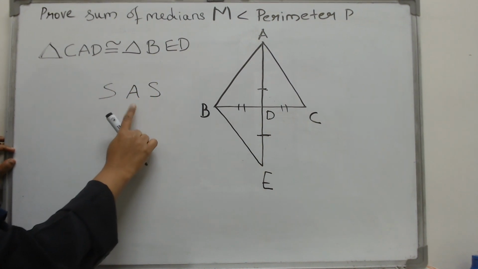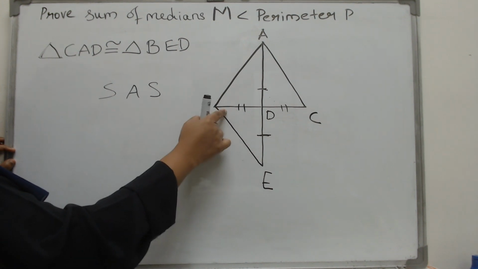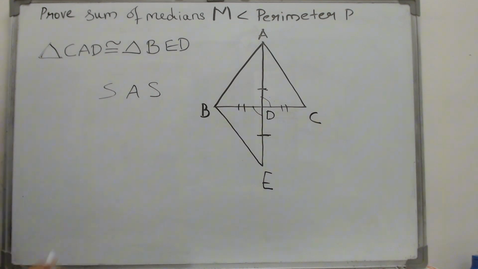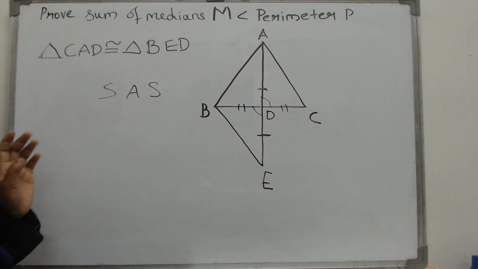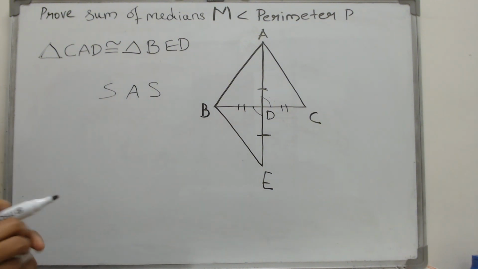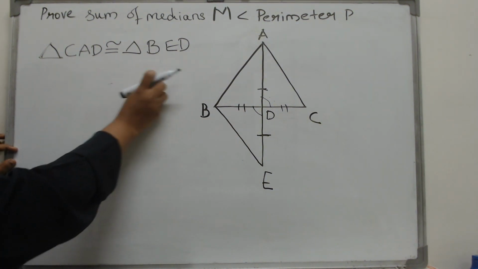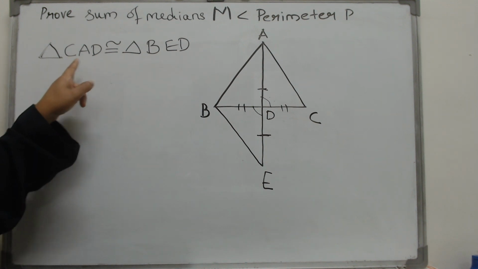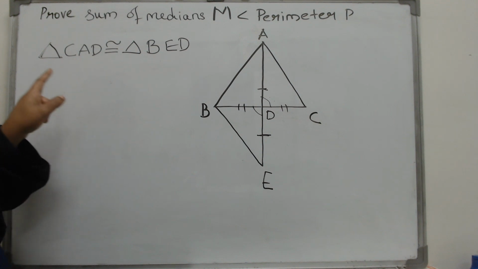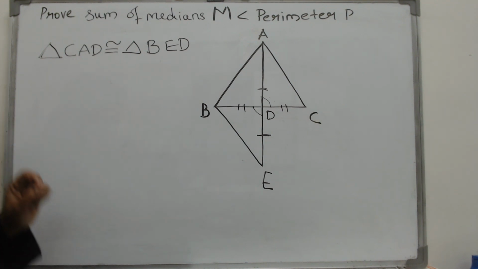Two sides and the angle between them. We have got two sides and the angle between them is what? They are vertically opposite angles, which means these two are congruent triangles. And what do we know about congruent triangles? Each of their corresponding angles are equal and each of their corresponding sides are equal.